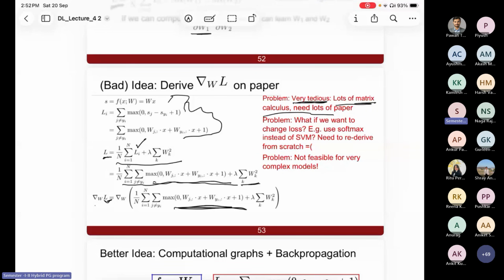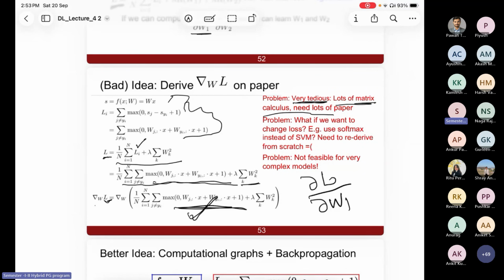Now if you change the loss function, this function would change, and you have to find the derivative again, del L by del W1. So again, you have to spend 6 hours.